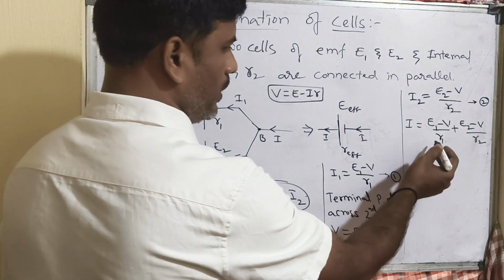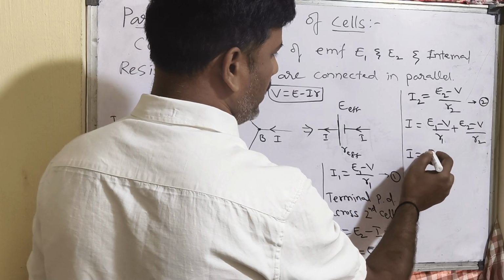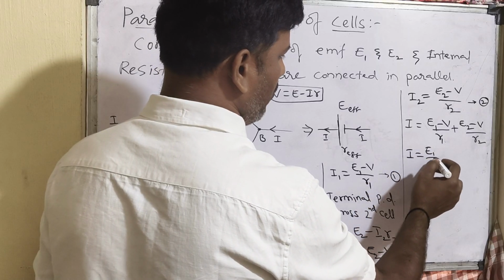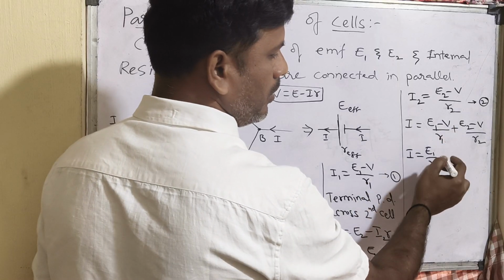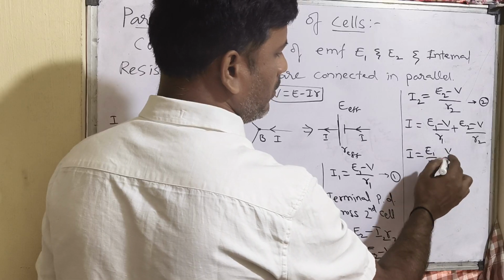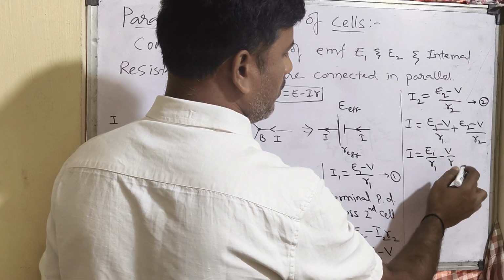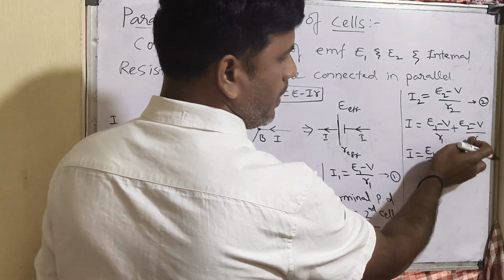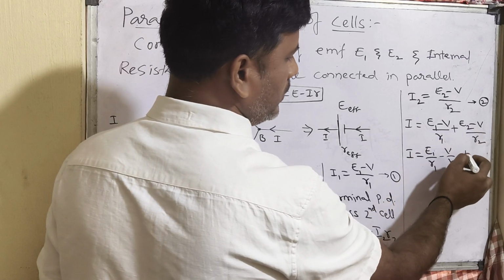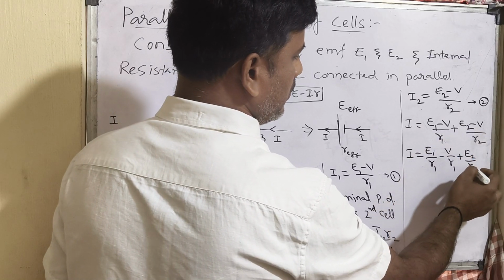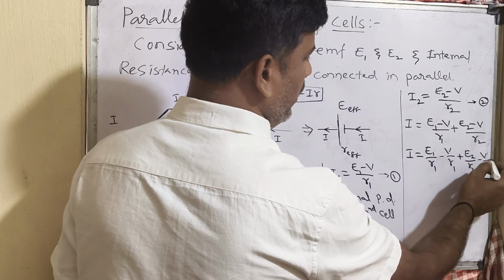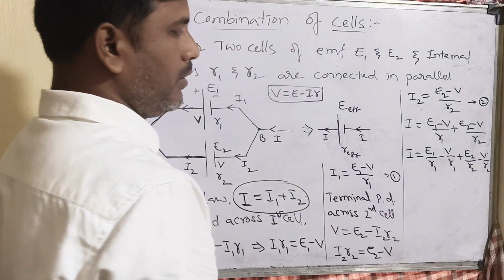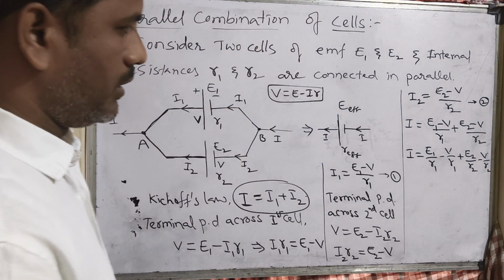Clear? Now split up. I is equal to E1 by R1 minus V by R1 plus, split up the same way, E2 by R2 minus V by R2. Understood? Right.